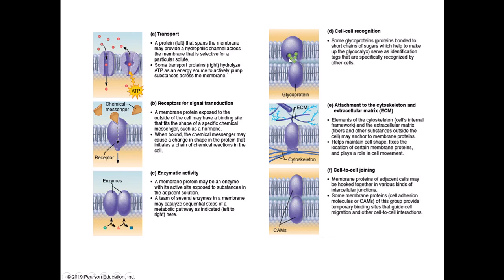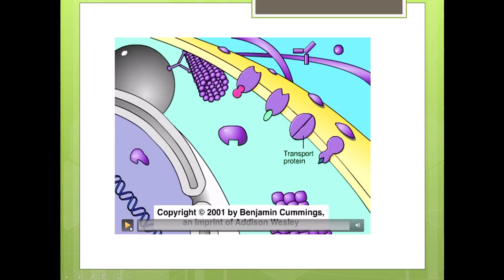They might attach to parts of the cytoskeleton in the interior, help move stuff in and out and help maintain the shape of the cell. And they're also playing a role in the junctions between our cells, how cells connect to other cells.